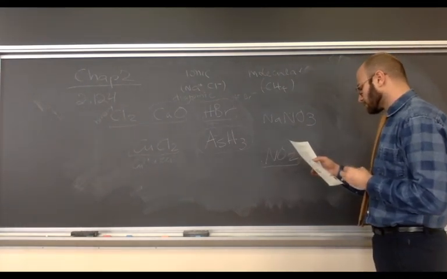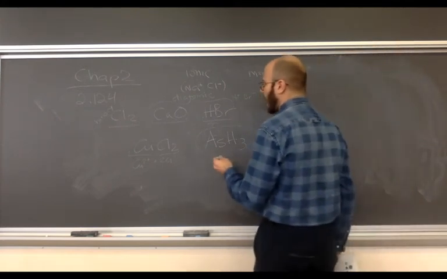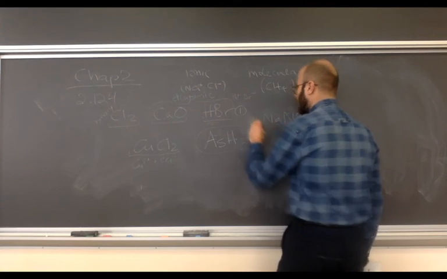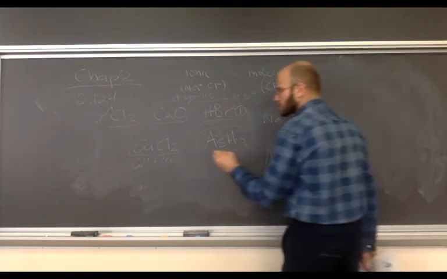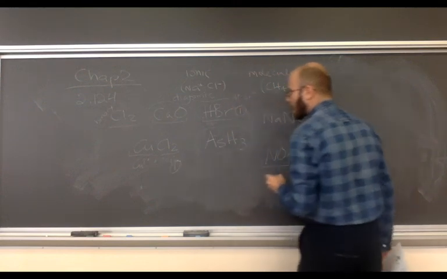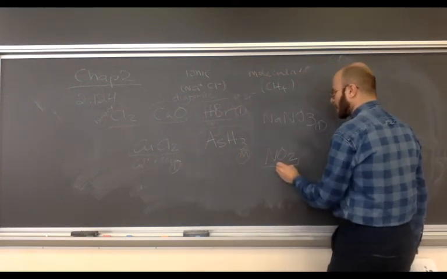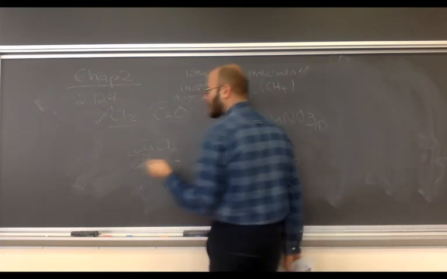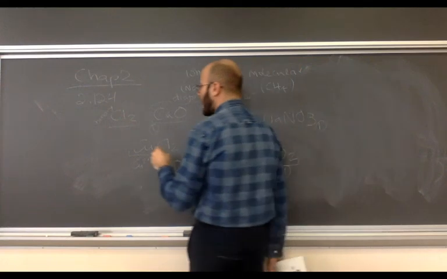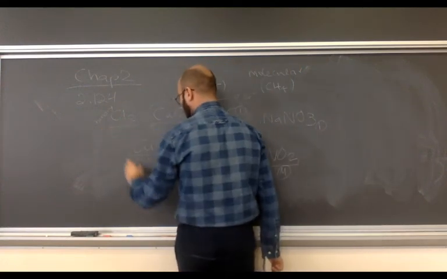And so in this case now we can classify, I'll put a big I next to it, so we have ionic compounds. This is ionic, though it also has molecular features. This is going to be ionic as well. And then we're going to have molecular. This, I would argue, is ionic, even though it kind of can be seen as molecular. And then we'll leave this out, but I would guess you consider this molecular as well.